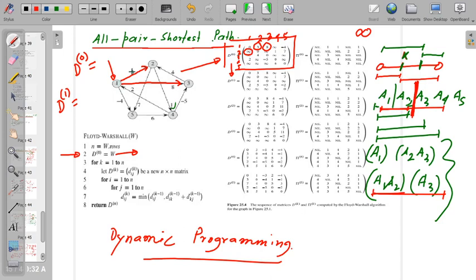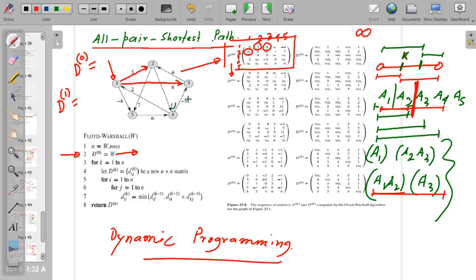So that relax procedure comes in. That means via this one, is there a path to some other nodes?